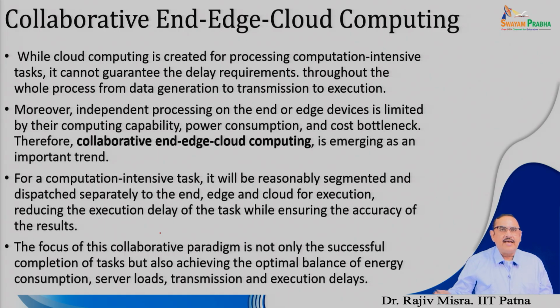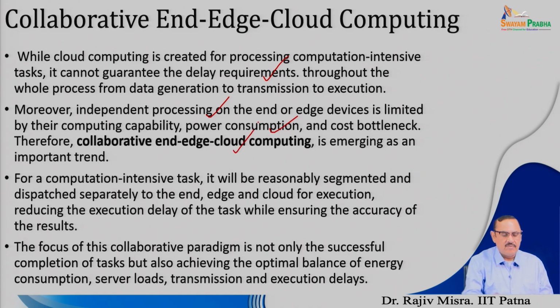Let us see the next paradigm, which is called collaborative and edge cloud computing. While cloud computing was created for processing computation-intensive tasks, it cannot guarantee the delay requirements throughout the whole process from data generation to transmission to execution. Moreover, independent processing on the end or edge devices is limited by their computing capabilities, power consumption and cost bottleneck.